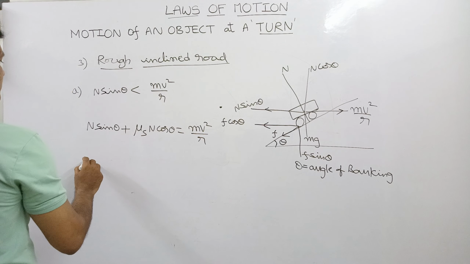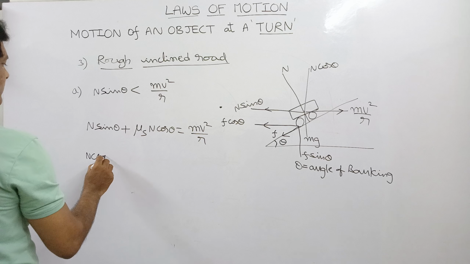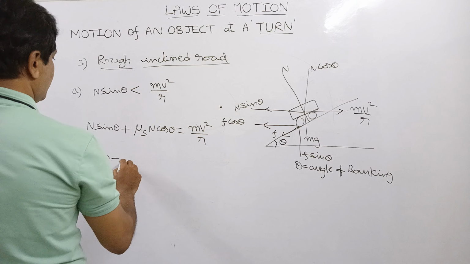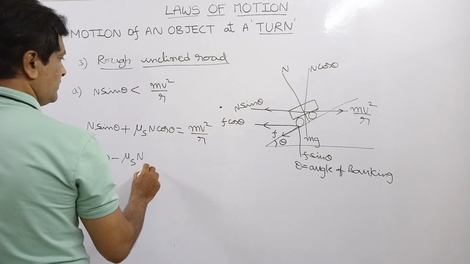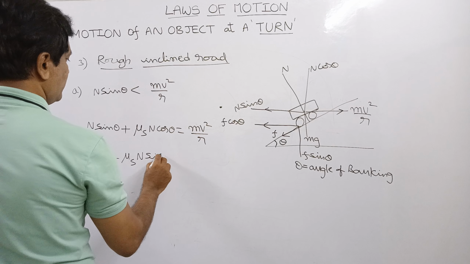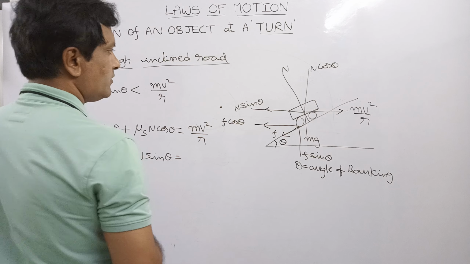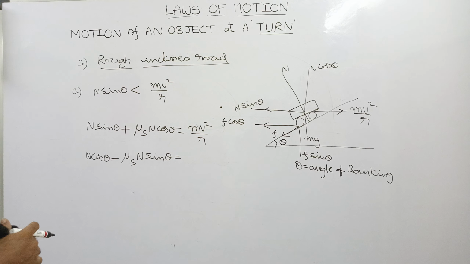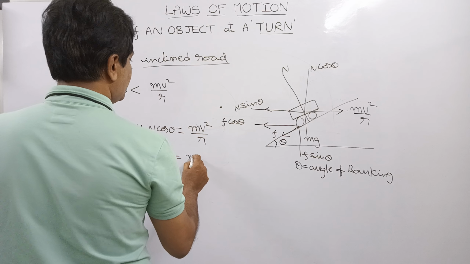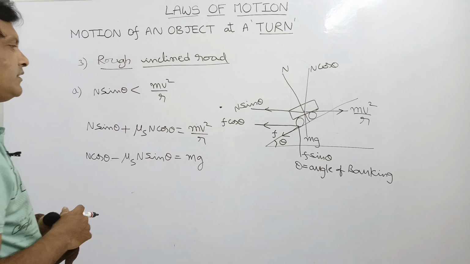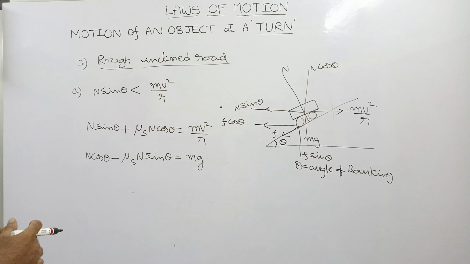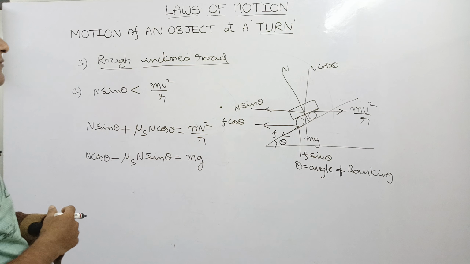Okay, so n cos theta minus mu s n sin theta is equal to what? Here it is equal to mg. Previously it was not like that. Now the frictional force is also taking part, right?